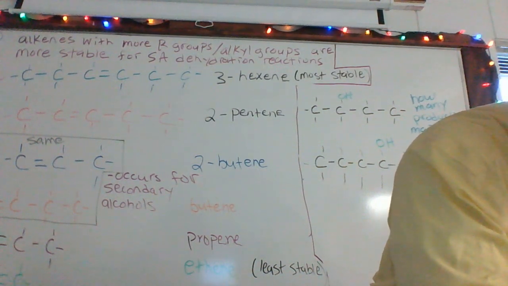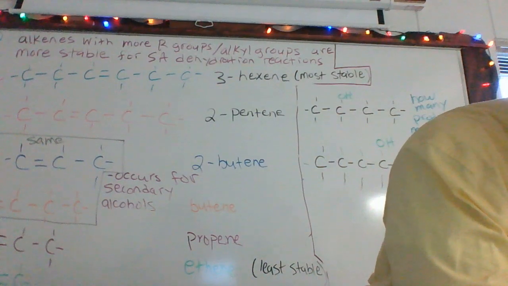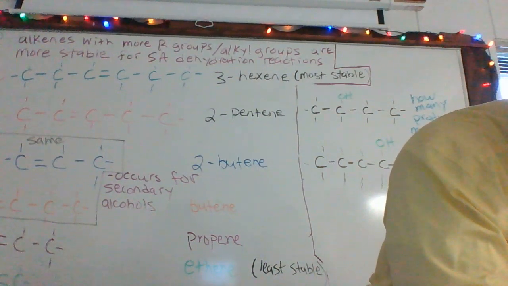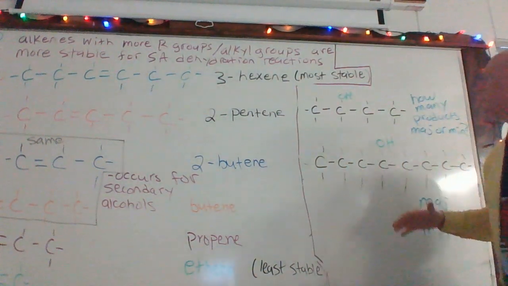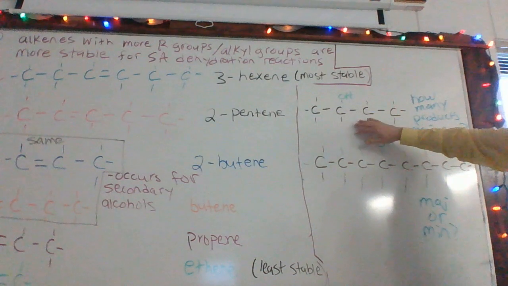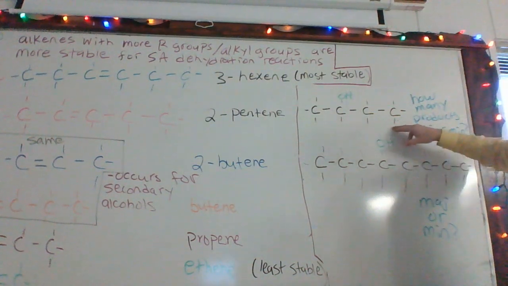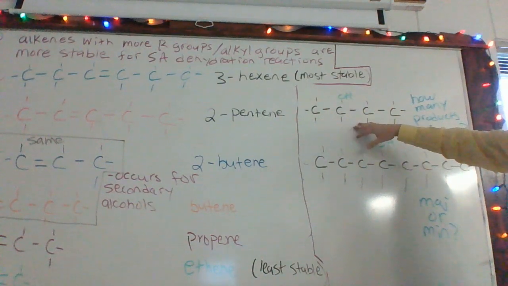No one would argue that, because when it comes to a primary alcohol, that OH is located where? Like, for instance, on this molecule right up here. We know this is a secondary alcohol. No one would argue with that. But how would we change this to a primary alcohol?